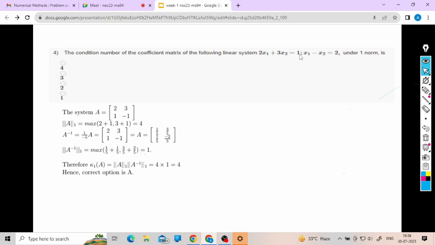Yes, for the max you have L infinity, and for the row summation you have L2, and for the column you have L1. You can generalize it to P, the LP norm.